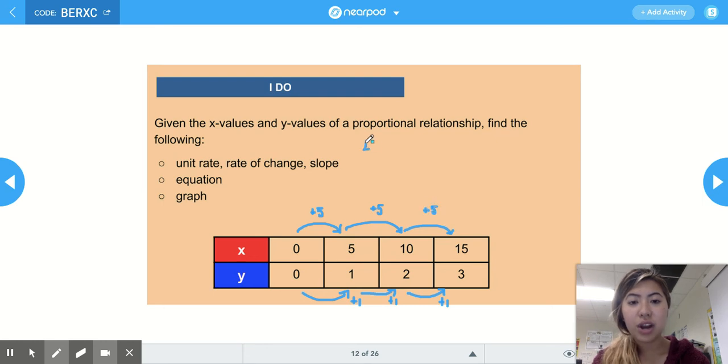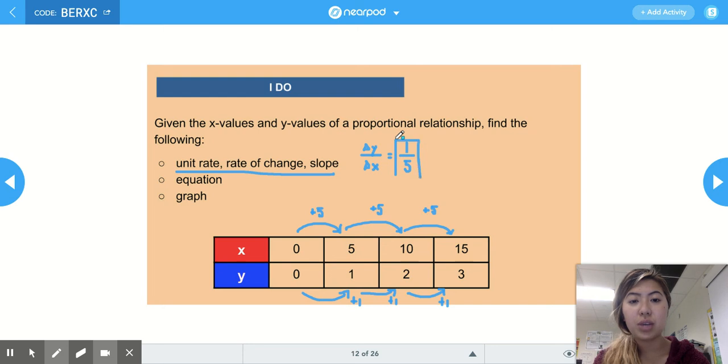So now to figure out our slope, we're finding our change in y over change in x. And since the change in y values are all the same, we know that our change in y is 1, and our change in x values are all the same. So we know that our change in x values is 5. So our slope, our unit rate, our rate of change is 1/5.